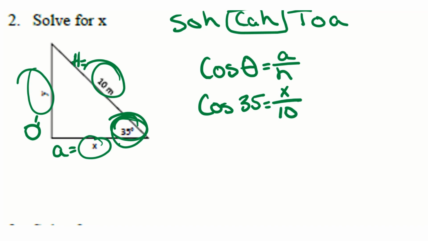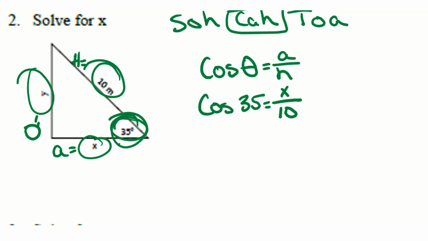Now I solve for x. The first thing that you need to do, using your calculator, make sure that you have it in degree mode. You would first figure out what is cosine 35. The cosine of 35 in degrees on the calculator would give you a value of 0.81.